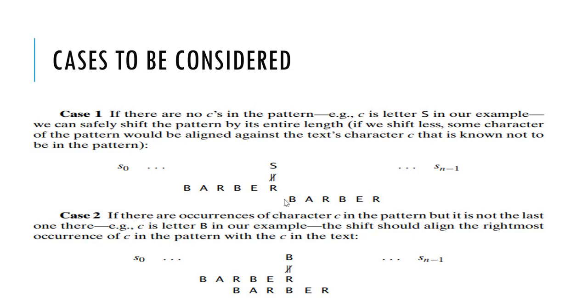In the previous case, we didn't have any occurrence of the element. If you take S, is there any particular element which is occurring here? No. That's why we shifted it 6 times, because there is no match at all. So in that case, I have to shift it 6 times.